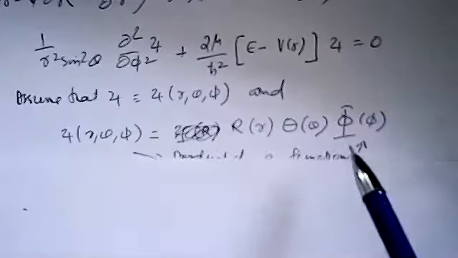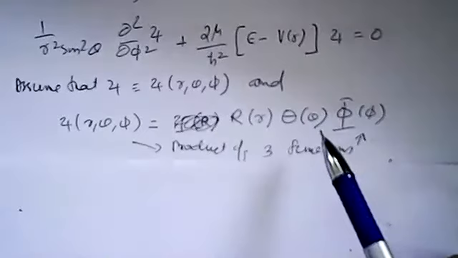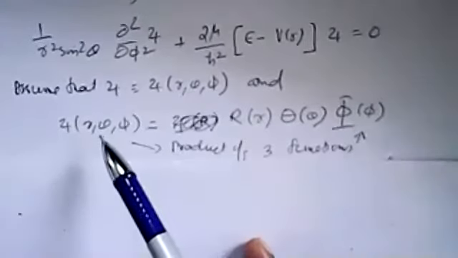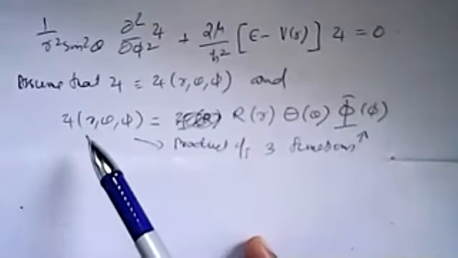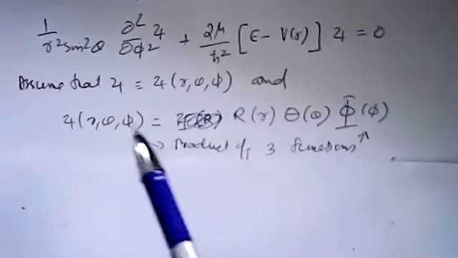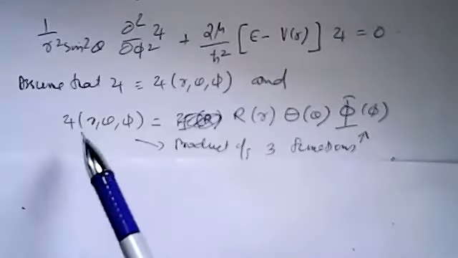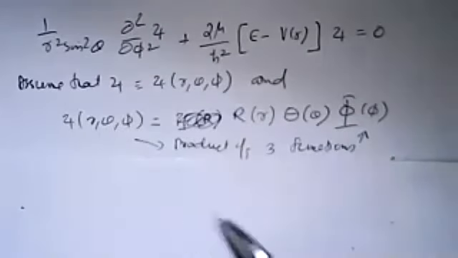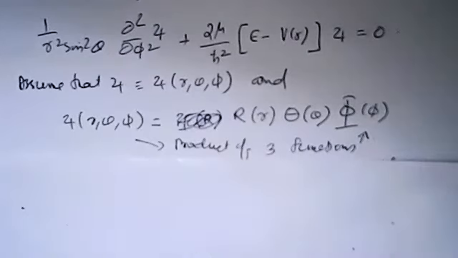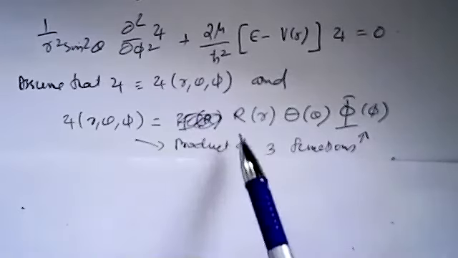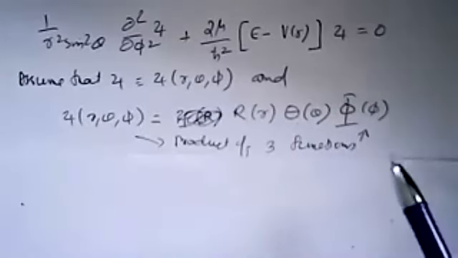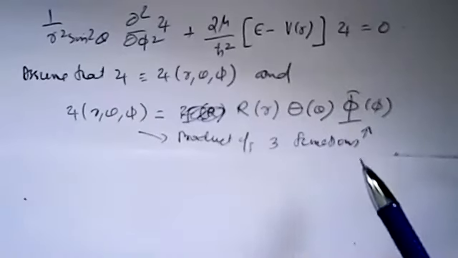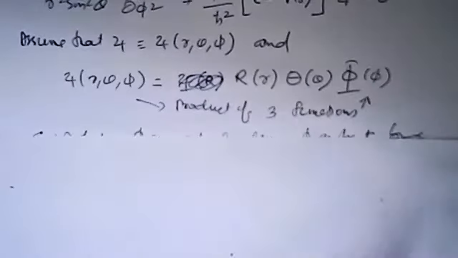Okay, so this is an assumption because we have to do something, otherwise we can't proceed. So we assume that the psi, which is a function of r, theta, and phi, is a product of three functions: capital R, capital theta, and capital phi. This is for doing the variable separable method.